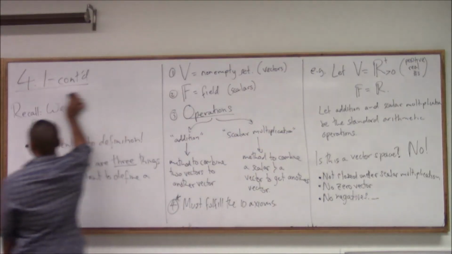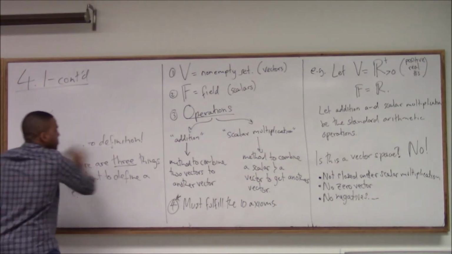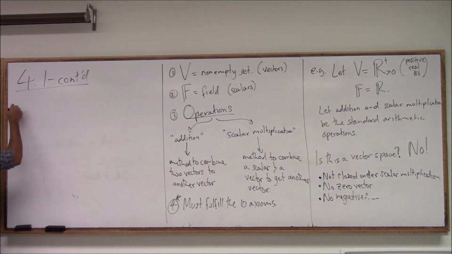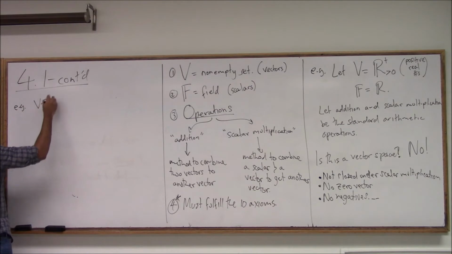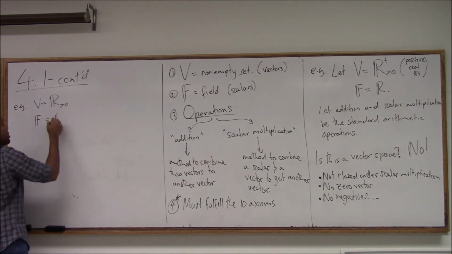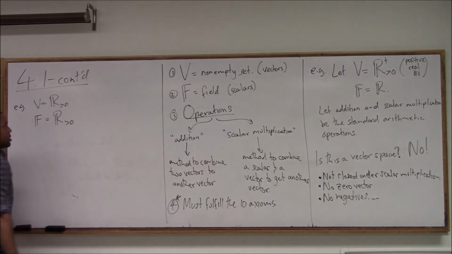So under these operations, this does not form a vector space. Let's say I tweaked it a little bit. These are the positive numbers. My field F is also the positive numbers. Same operations.